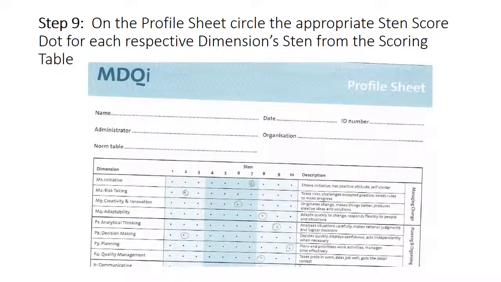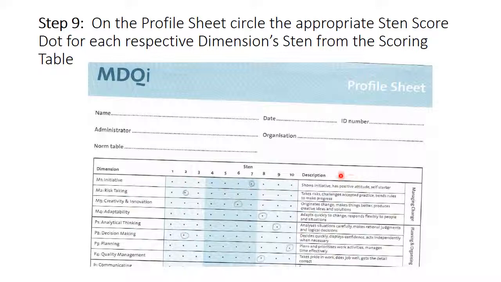So here we are now at step 9. You're going to be taking your scoring table, that far right column of the STEN scores, and you're going to be putting that now onto your profile sheet here.